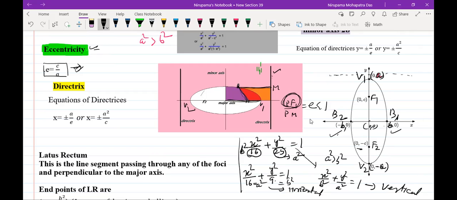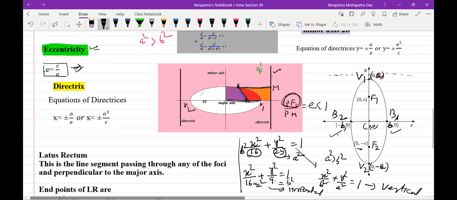Whenever you take a fixed point, the focus, and a fixed line, the directrix, the ratio is 1 for the parabola, but for the ellipse it is less than 1. Similarly, the directrix is the fixed line.